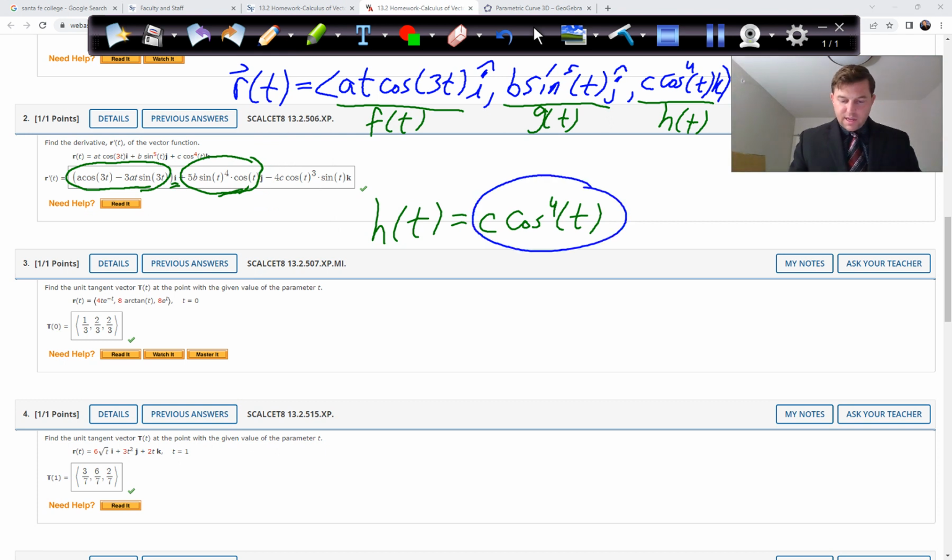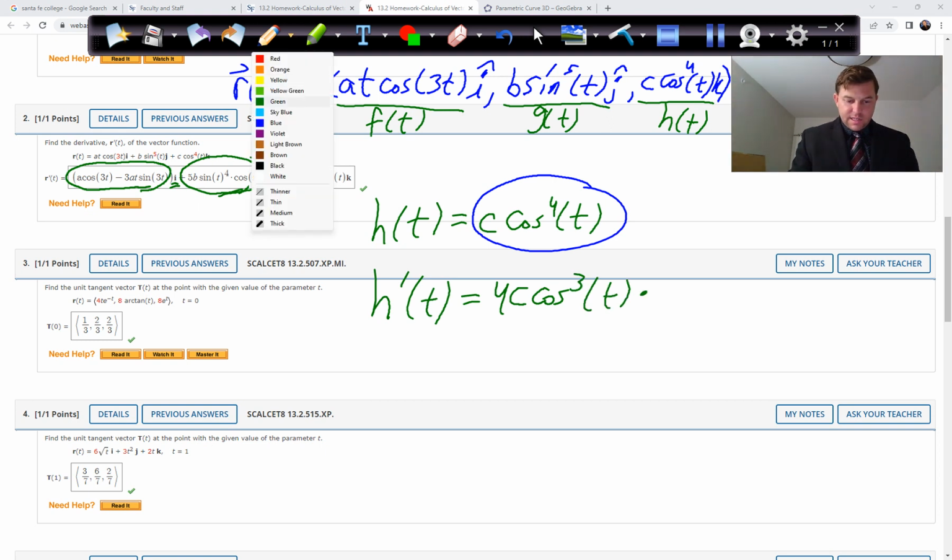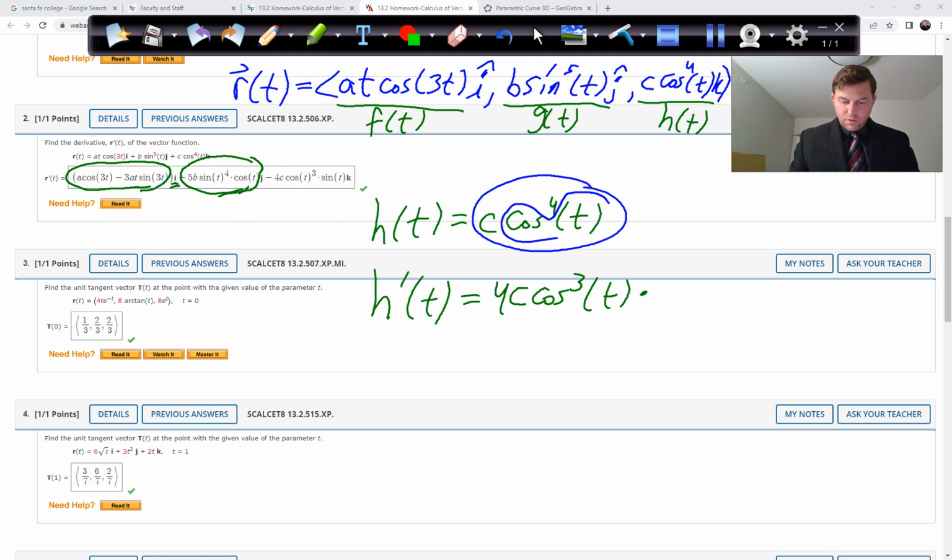First, the derivative of the outside is going to be, bring the 4 out front, so it's 4c cosine, subtract 1, cubed of t, times derivative of the inside. The derivative of the inside would not include the c or the 4. It's just cosine t.